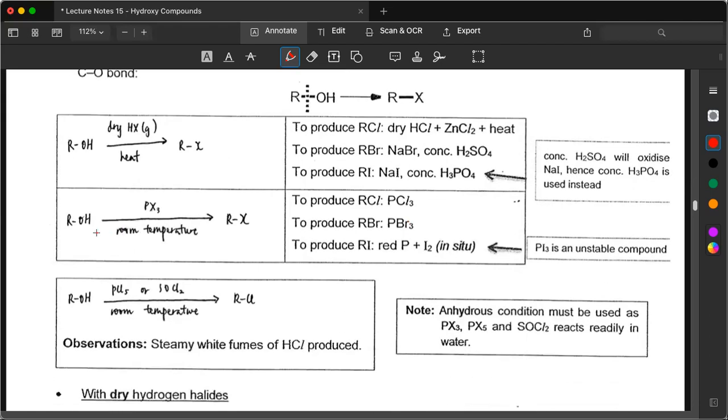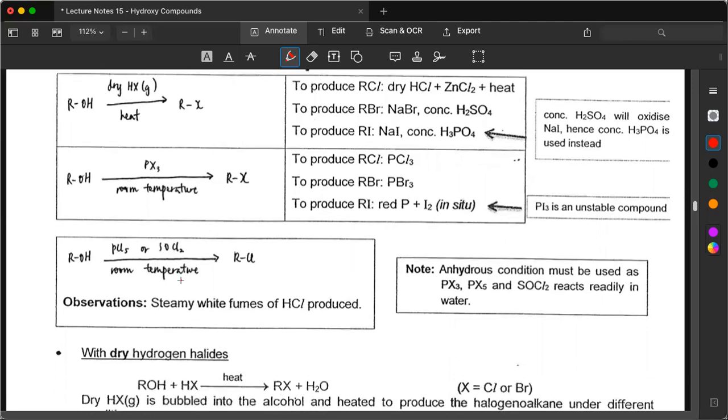Another way is to use PX3, which can be either PCl3 or PBr3. So to produce RI, we need to generate PI3 in situ with red phosphorus and iodine. PI3 is actually not stable, so we avoid using that to prepare RX from ROH.